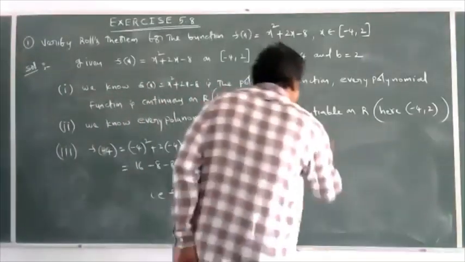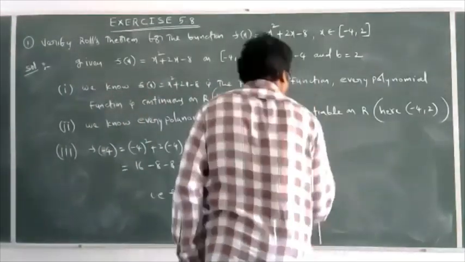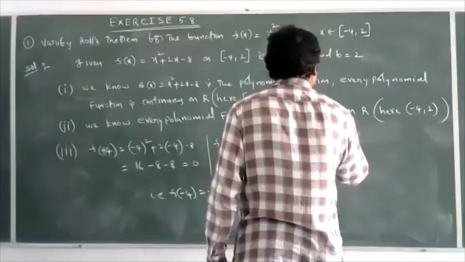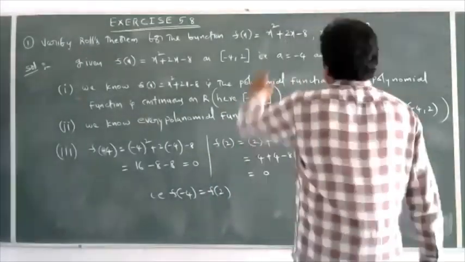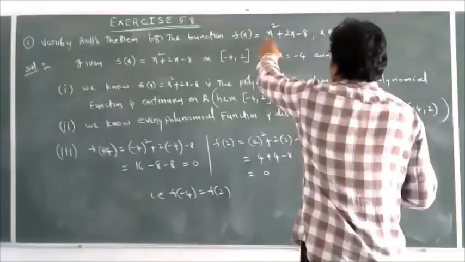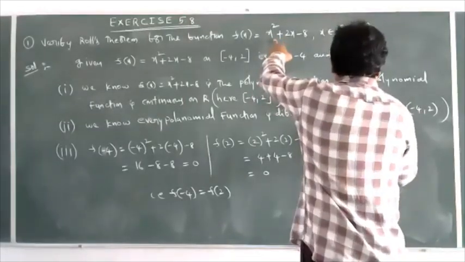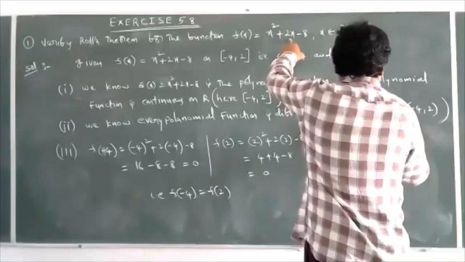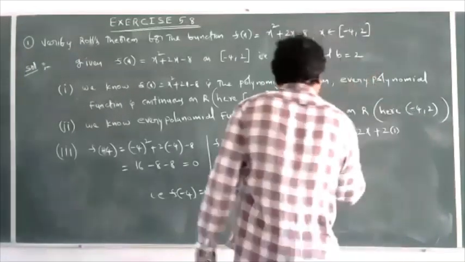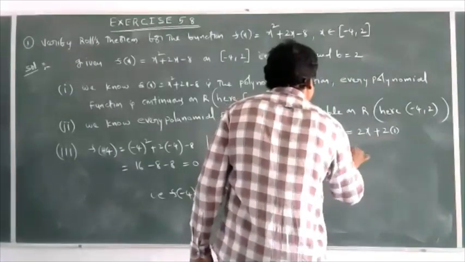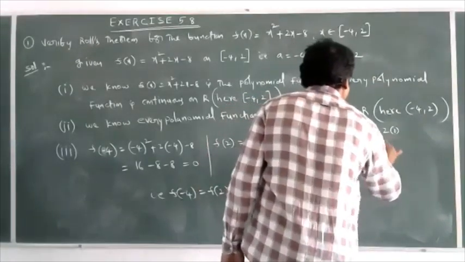Then continuation, f dash x is equal to the derivative of f of x. The derivative of x square is 2x, plus the derivative of 2x is 2 into 1, so f dash x is 2x plus 2. That is, f dash c is equal to 2c plus 2.